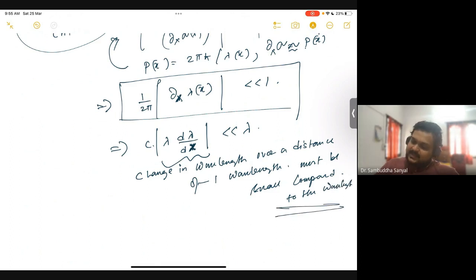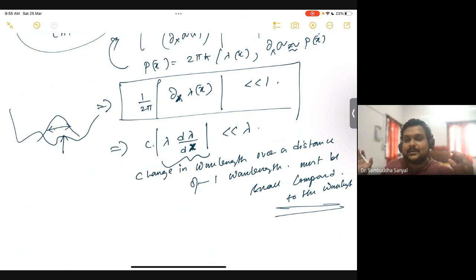When this is true, this is the physical picture. That means if I have a potential and then there is a wave function, the wave function is getting modified because of the potential, right? But this modification must be small over one wavelength, over one lambda. So this is basically the point.